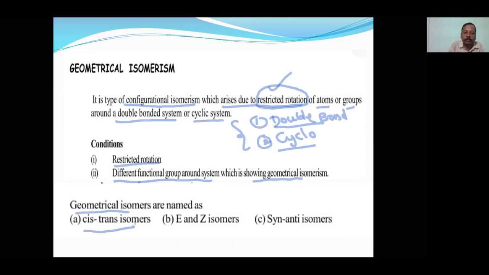No, it is one part of it. I consider it a major part of geometrical isomerism, but it is not the complete part. Geometrical isomerism consists of cis-trans isomerism, E-Z isomerism, and syn and anti isomerism. What are these isomers, how do they happen, and what is this different functional group, we are going to see now.